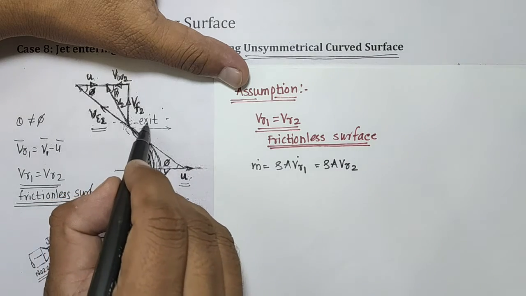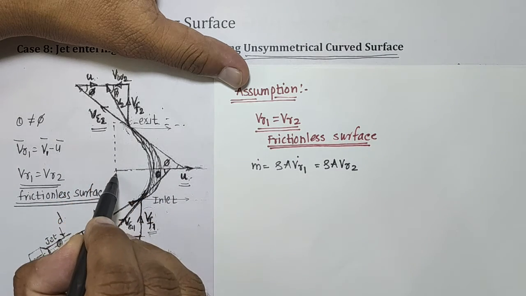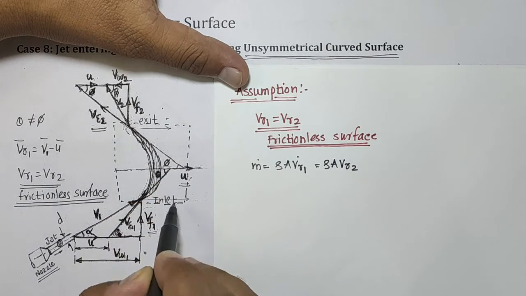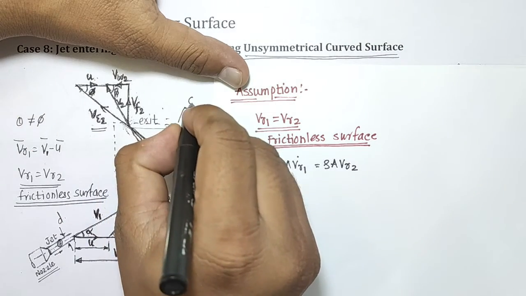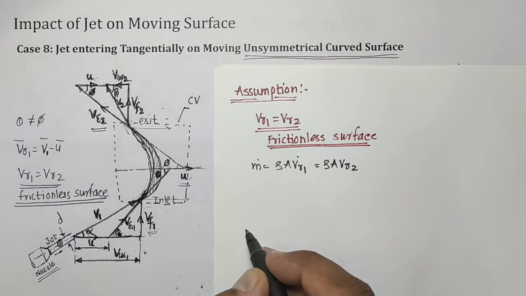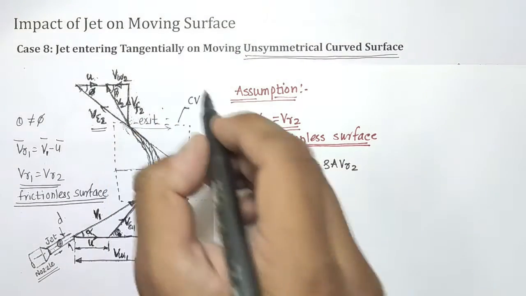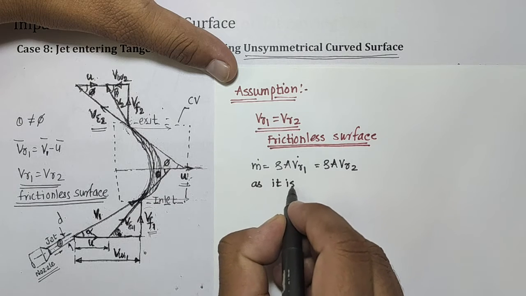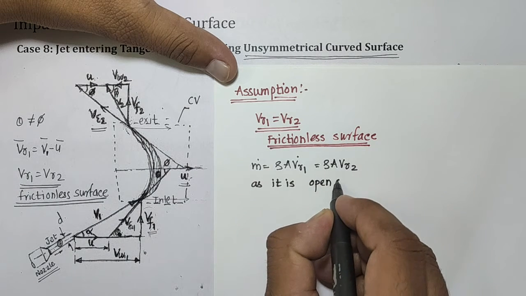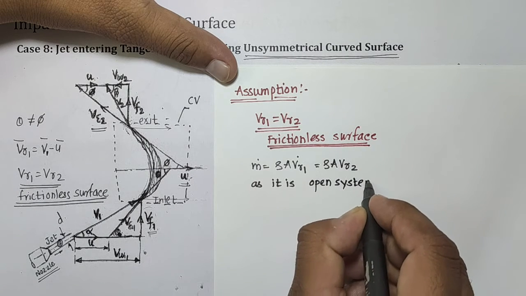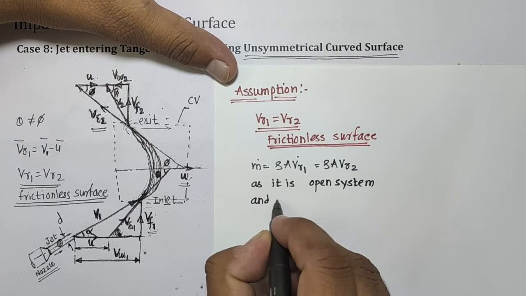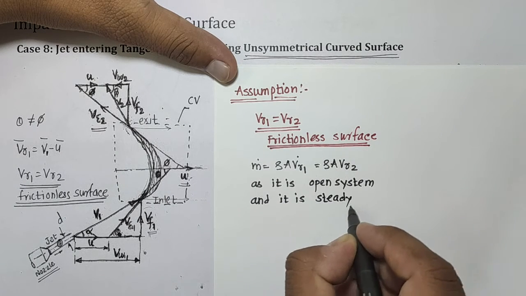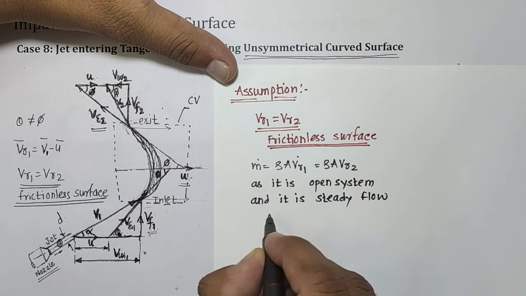If we consider this dotted line as a control volume CV, it is an open system and it is a steady flow system.